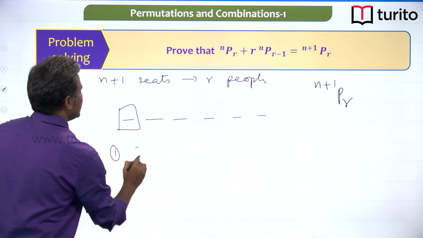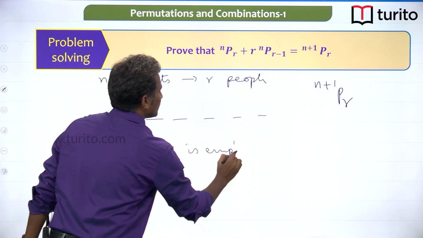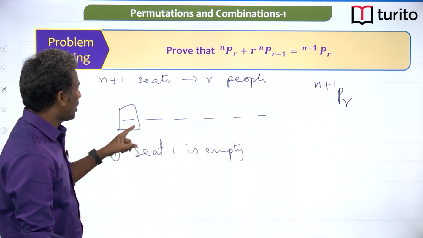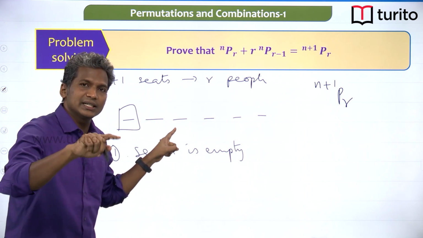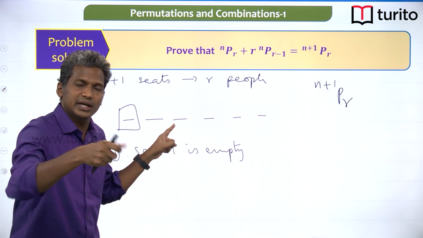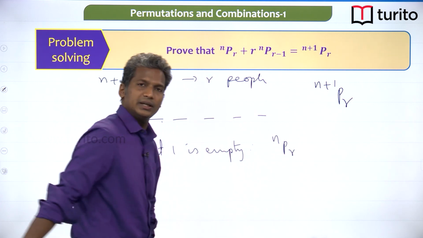One is seat 1 is empty. If seat 1 is empty, then how many seats are remaining? N seats are remaining. Out of these N seats only R people will sit, right. So, that counting will be NPR.